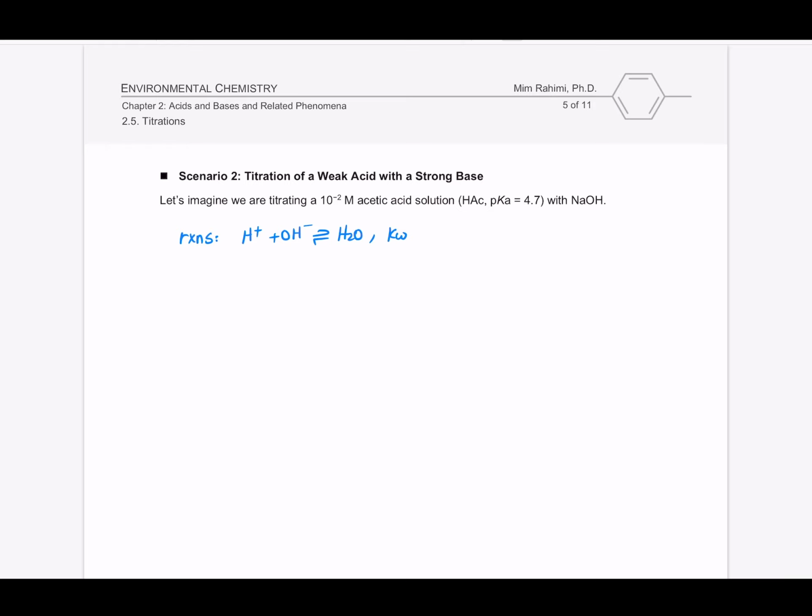What is the second reaction? We have a weak acid, so it might deprotonate. So what is it? Exactly, Ac minus plus H plus. This is written in the standard notation, so the K value would be Ka for this reaction. Based on these two reactions, what are the species?